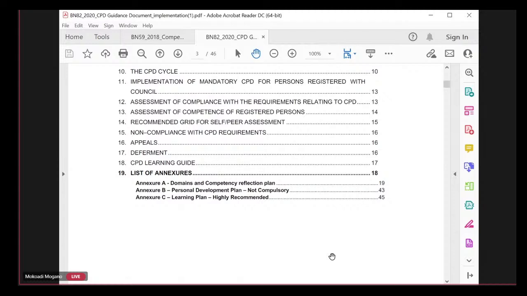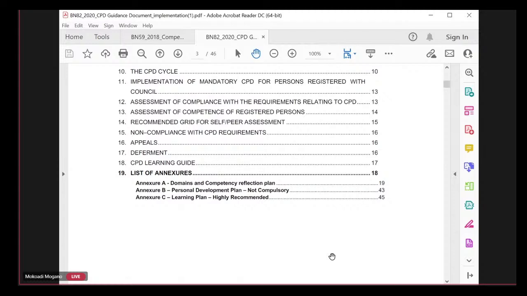Deferment just means that you are delaying the submission of your CPD activities, or you are requesting council to allow you to submit CPD activities at a later stage, maybe due to ill health and so forth. Those are things that pharmacists are not aware of.